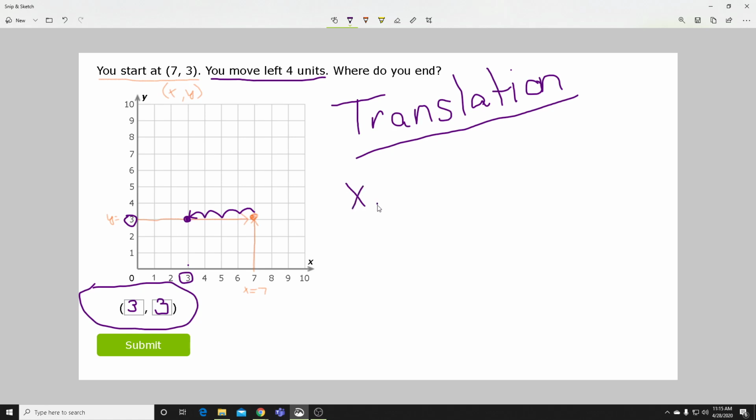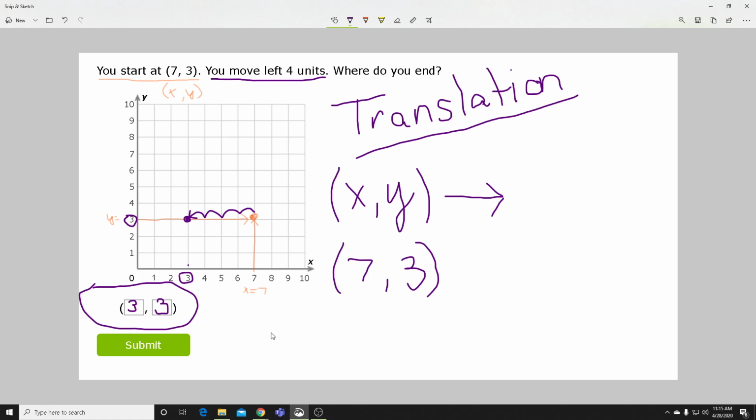We're starting off with an x and a y, some point. In this case, we're starting off with 7, 3. And then we're moving x to the left by 4.